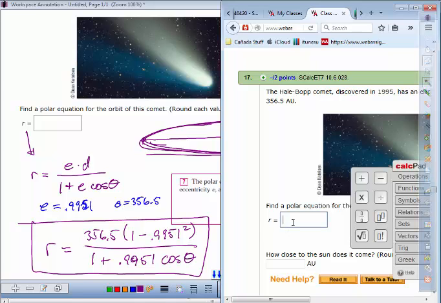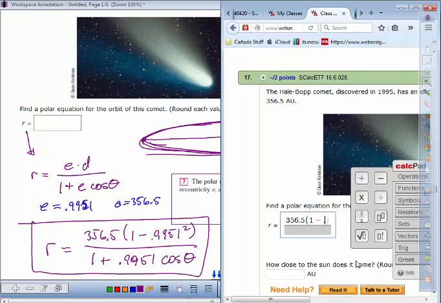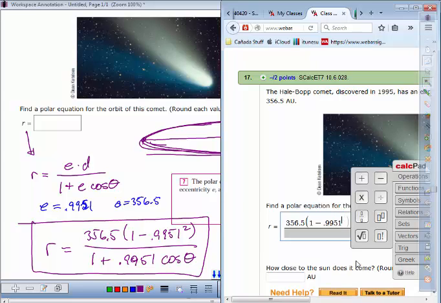R is equal to 356.5 times 1 minus 0.9951 squared divided by 1 plus 0.9951 times cosine of theta.